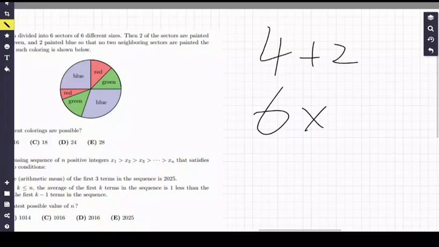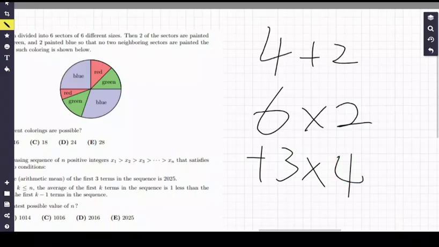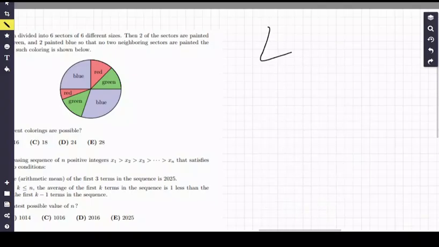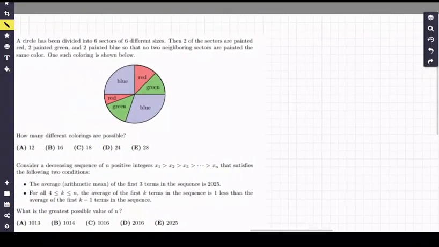There are 2 possible times when they have 6 choices, plus 3 times 4, which is what we had later. That will give us 12 plus 12, which gives us 24. That is D. So it's good to stay away from C a little bit.